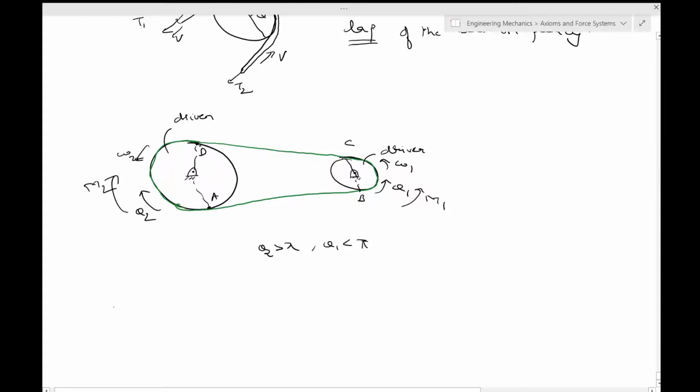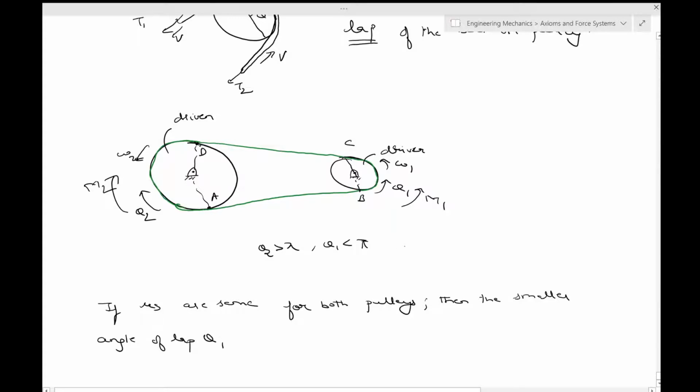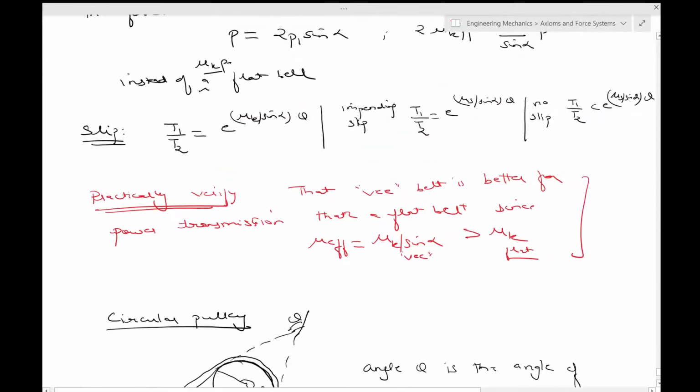In this case, if mu s is the same for both pulleys, then the smaller angle of lap, which is theta 1 in this case, is used. Used where? Used here, in these equations.